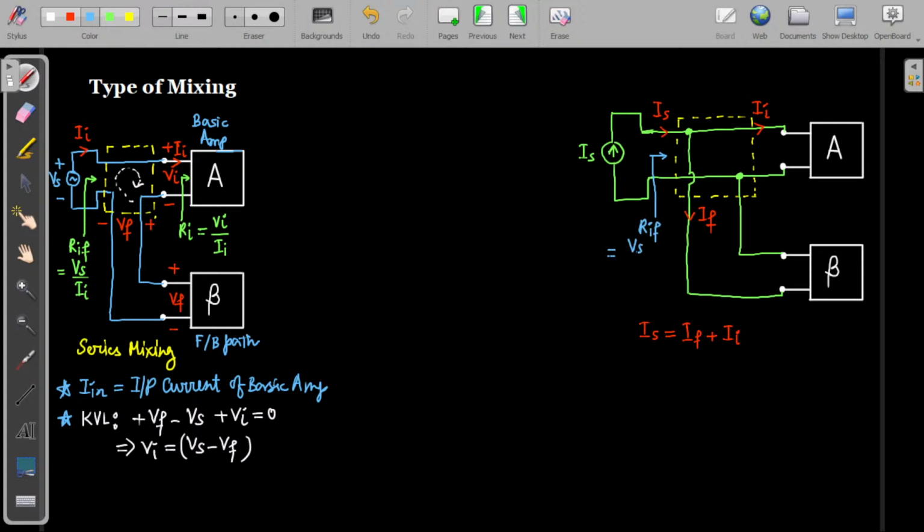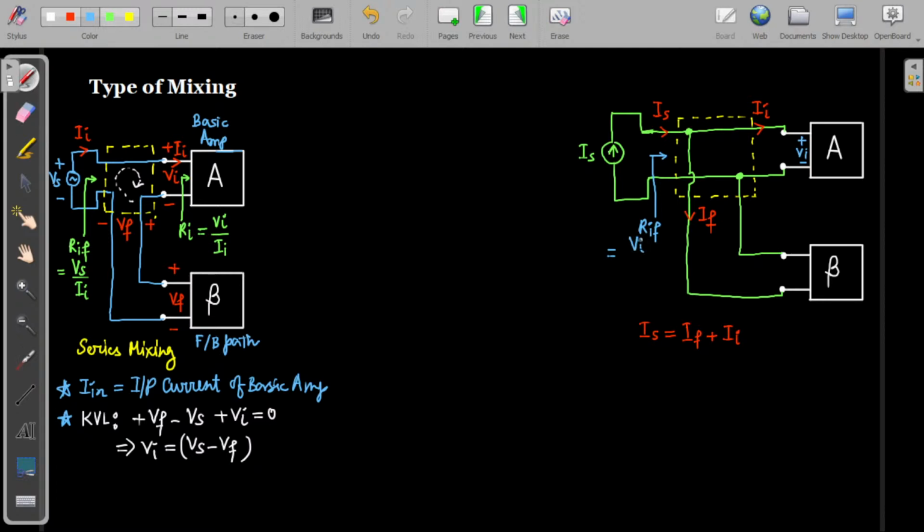The VS, यहाँ पे पोटेंशियल, द पोटेंशियल क्या होंगे? अब देखिए यहाँ पे पोटेंशियल क्या होगा, दैट इज वेरी इंपॉर्टेंट. सो एट दिस पॉइंट व्हाट विल बी द पोटेंशियल? दैट पोटेंशियल विल बी सेम एट दिस पोटेंशियल. सो इफ द पोटेंशियल एट द इनपुट ऑफ द बेसिक एम्पलीफायर इज VI, so that potential will come here, same potential. So यहाँ का पोटेंशियल और यहाँ का पोटेंशियल तो सेम होंगे. सो वी विल राइट इट VI.